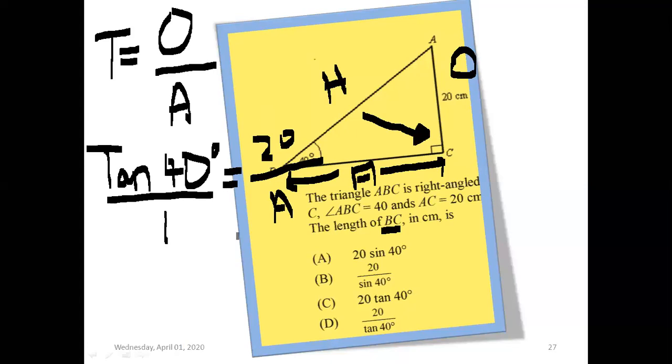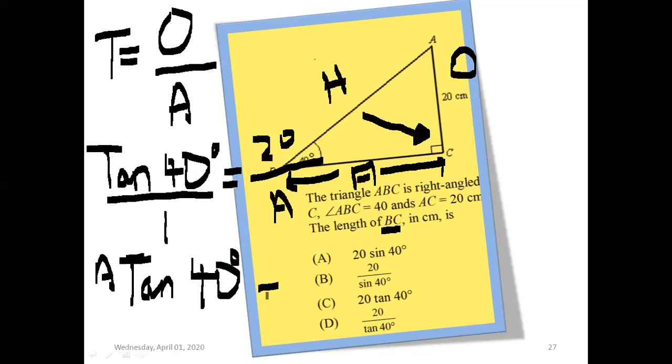And we're going to cross multiply. So A times tan 40 is A tan 40, and 1 times 20 is 20.